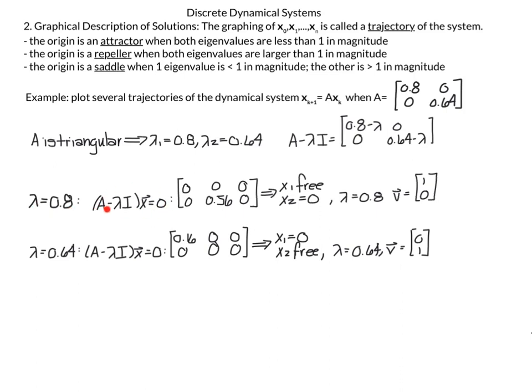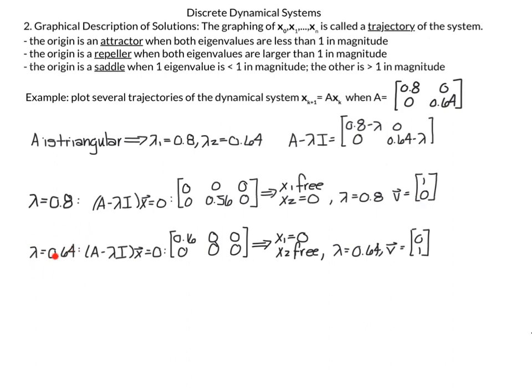Plugging that into our equation A minus lambda I x equals 0, we get this augmented matrix, which tells us that x1 is free and x2 is equal to 0. So the representative eigenvector for lambda equals 0.8 is (1, 0).